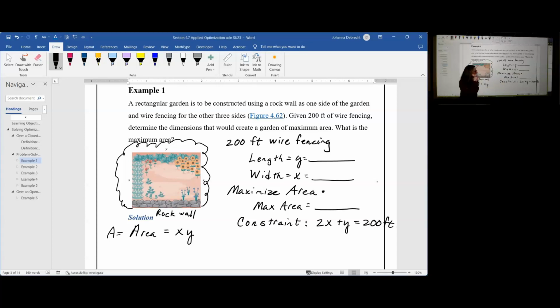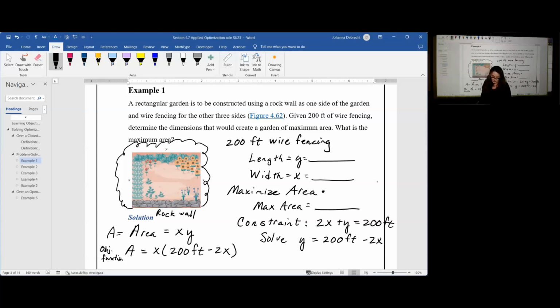Now it's easiest in this particular problem to solve for y because I want to avoid the fractions. So I'm going to solve for y in the constraint equation, and then I'm going to replace y in my objective function. This is my objective function here. I'm going to be writing area as a function of x.